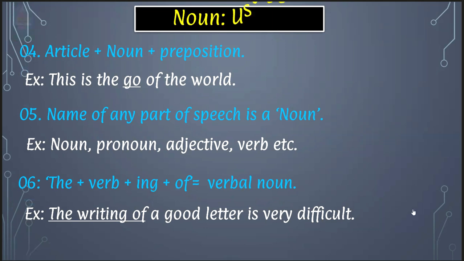However you use the word in other cases, in this case it must be a noun. So though go is normally used as a verb, here it is actually a noun. Why? Because if we find any word in between an article and a preposition, that word is a noun. As in the example, this is the go of the world. Here go is a noun.